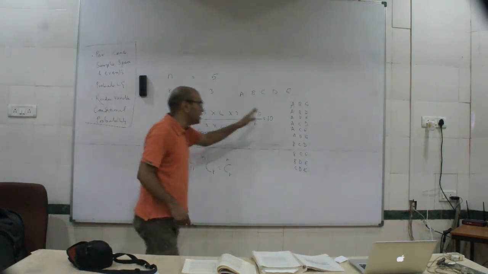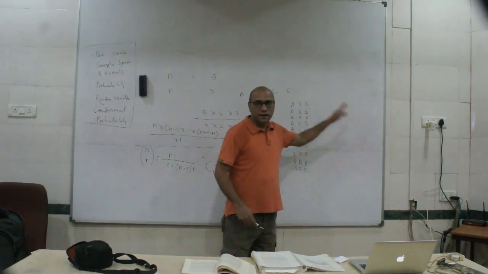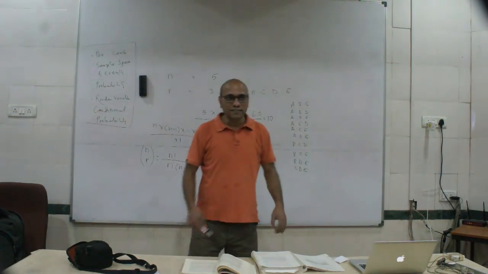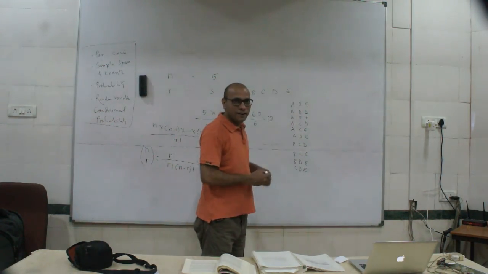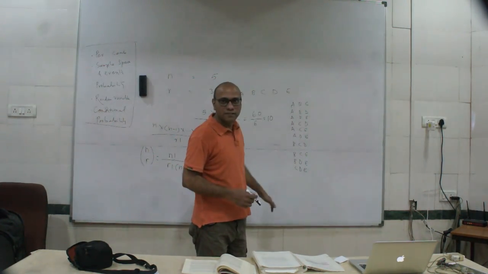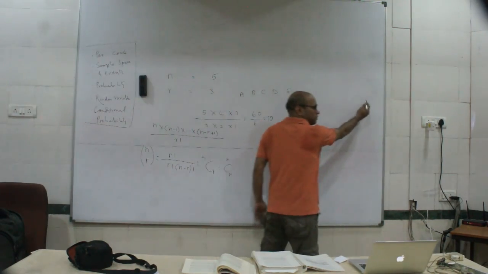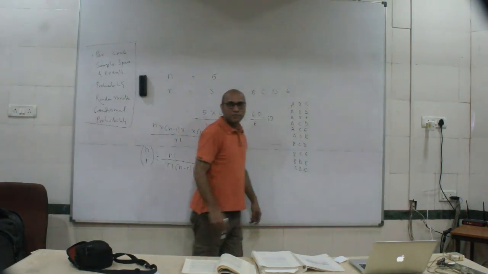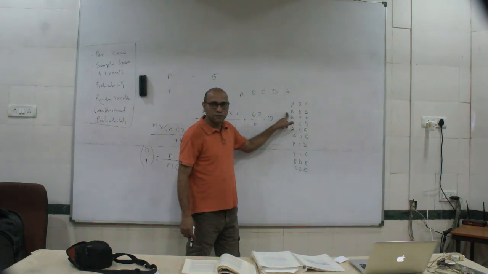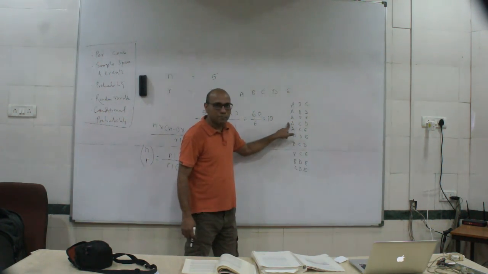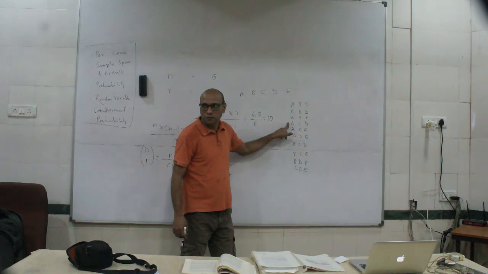Then all those things like ACB, BCA, all such things, see, ABC can be ordered in 6 possible ways. We have seen ABC can be ordered in 6 possible ways. So all those 6 possible ways would come. These 3 can be ordered in 6 possible ways.